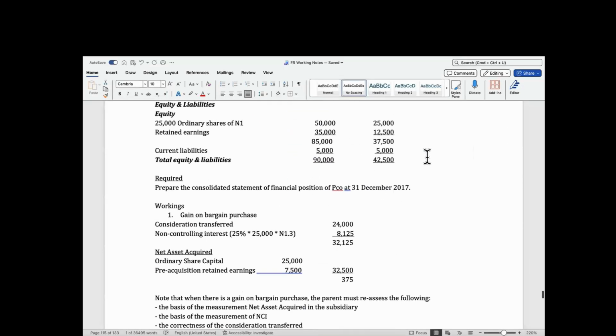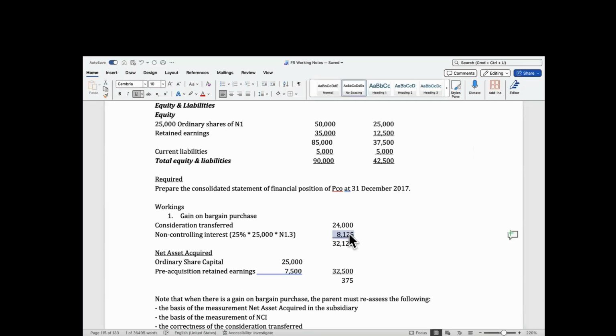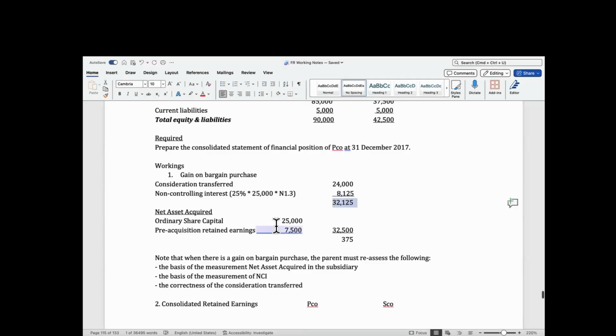Then I have 8,125. So I add it together, and I cancel it out against the net asset of the subsidiary, which is 25,000 plus the pre-acquisition retained earnings.